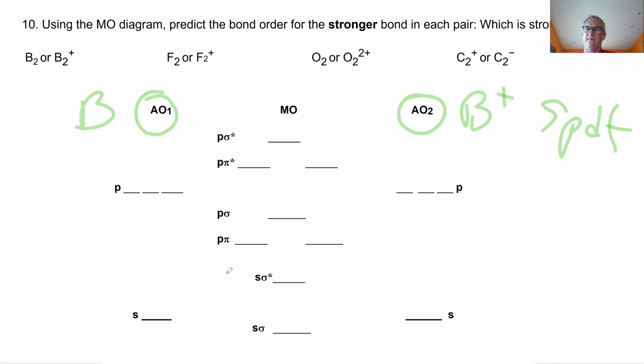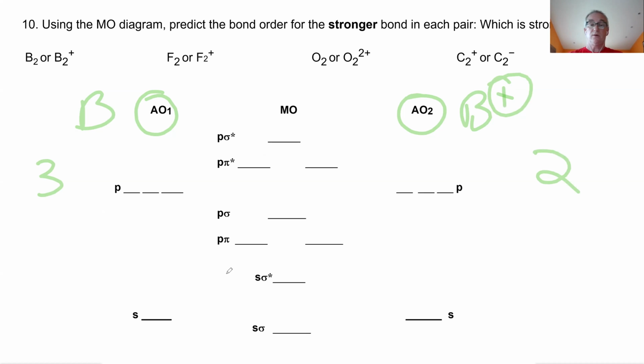So how many valence electrons does boron have? 3, exactly. So this boron has 3. And how many would boron plus have? A boron ion. 2. It would have 2, exactly, because we've taken one away, since now it has a net positive charge.